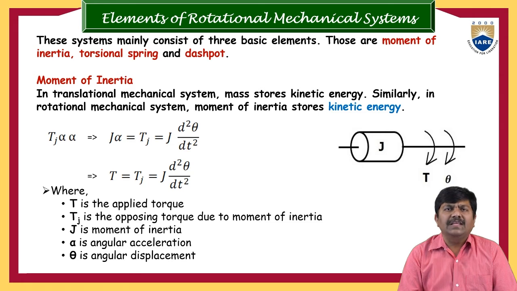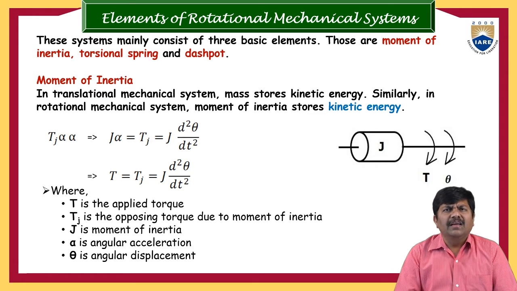How can we develop the mathematical equivalent of this? Again we depend on Newton's second law of motion. With its help, the applied force, which is the twisting force, is directly proportional to the angular acceleration.